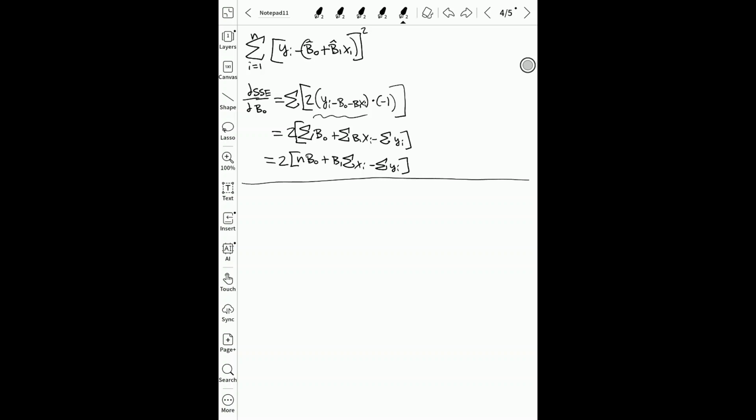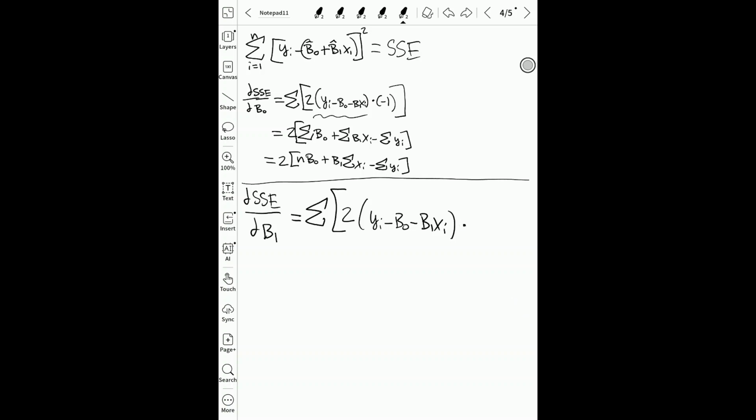If we take the partial derivative of the sum of squared error with respect to beta 1, we're going to get something that looks like this. Again, this was SSE up here, so don't forget that's what we're working from. We're going to do chain rule again. Obviously, the very first part of the chain rule is identical. The next part is what's different.